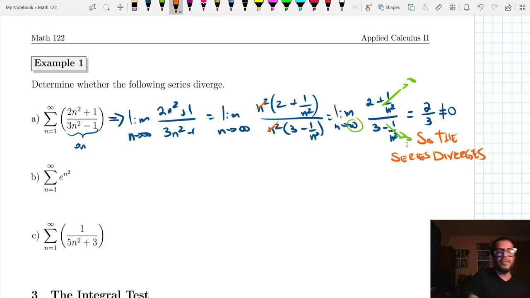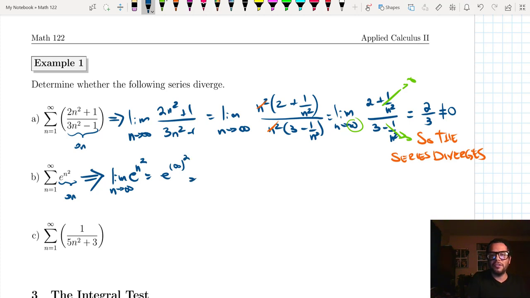Okay, let's look at another example. In this case, our a sub n is e to the n squared. So let's find the limit of e to the n squared as n approaches infinity. What is going to happen here? E to the infinity squared is just a huge number, infinity.